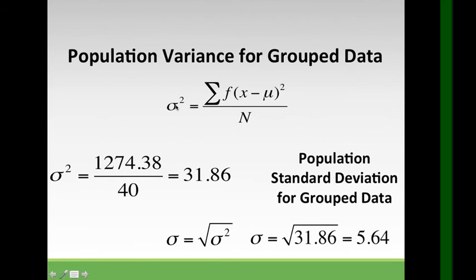Para ma-solve ang population variance, again, we need to use this formula. Sigma squared equals summation of f of x minus mu squared over n. Okay? Ang nakuha natin kanina na summation of f of x minus mu squared ay 1,274.38. Tama?